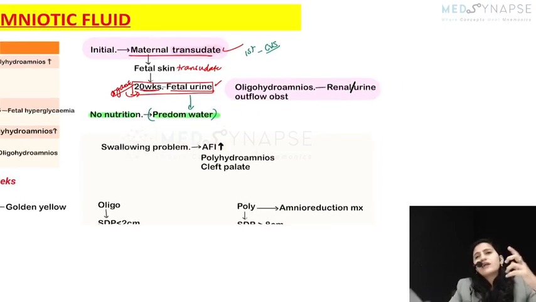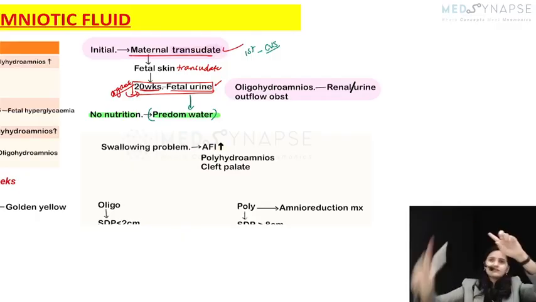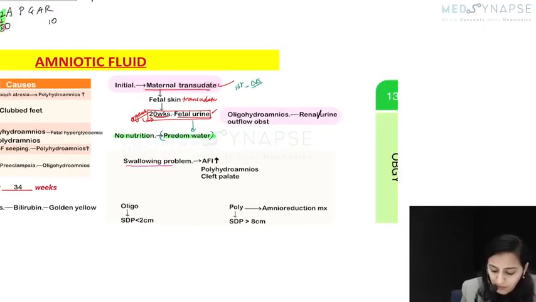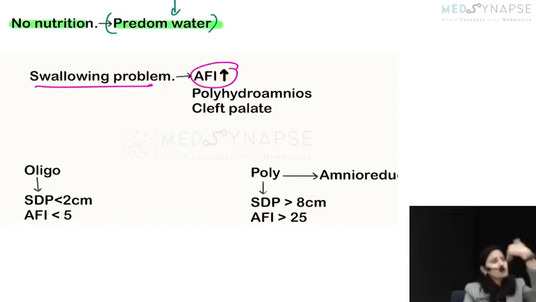How is the circulation of amniotic fluid? So fetal urine produces the amniotic fluid. This amniotic fluid is swallowed by the baby, and that is how it goes down. Basically, that's how the circulation is happening. If there is a swallowing problem, what will happen to the amniotic fluid? Increase or decrease? Increase, because the baby is not swallowing, so the fluid stays outside. It will lead to polyhydramnios.